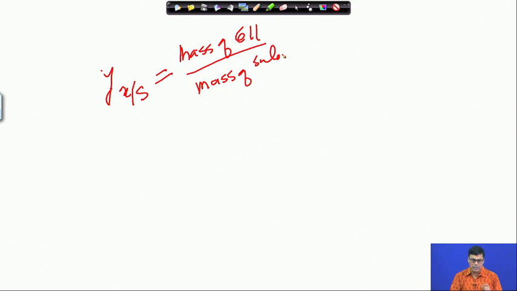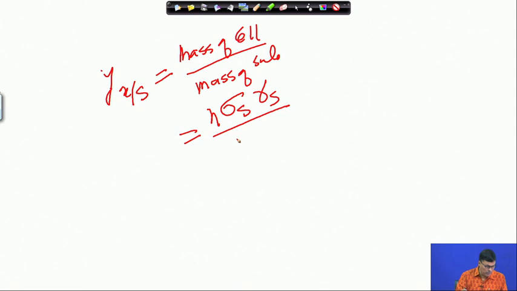Actually this is equal to eta sigma S gamma S, then we have gamma B and sigma B. B stands for biomass. Now, the question is how this equation has come.